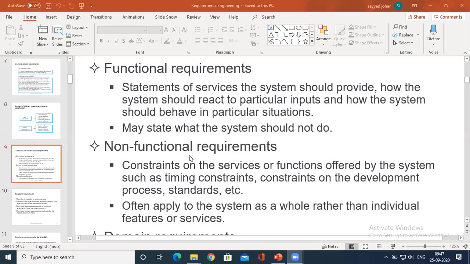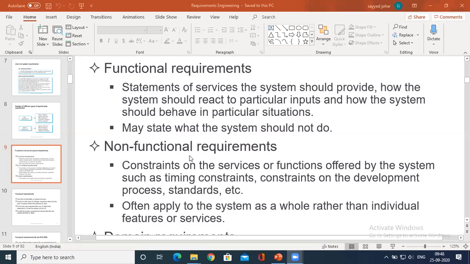When it comes to the non-functional requirement, it is the constraints. So constraints could be anything. You people have studied words such as privacy, security, or it could be optimization.